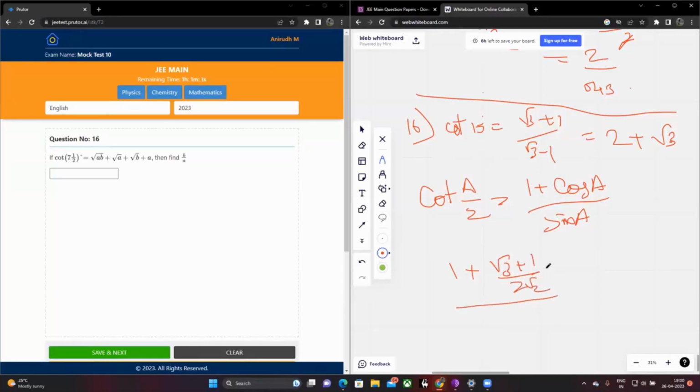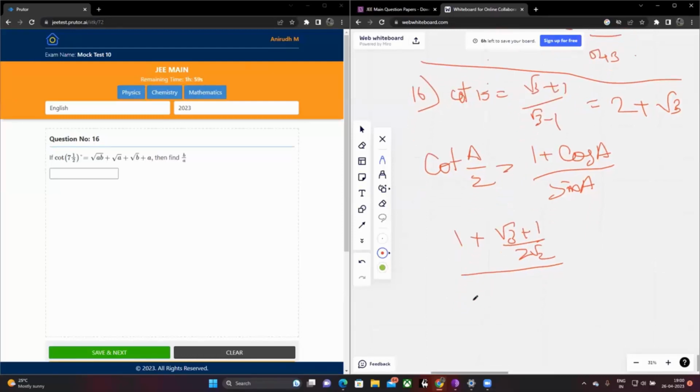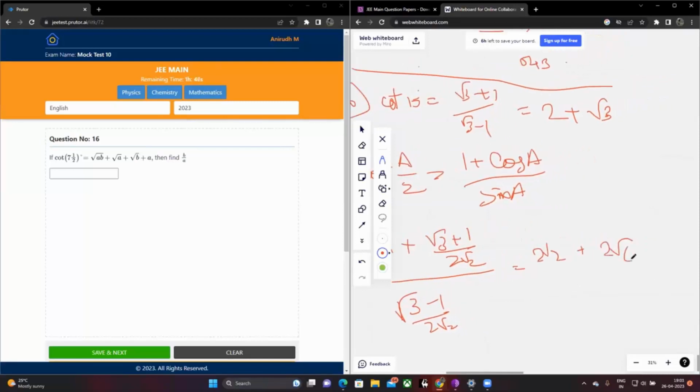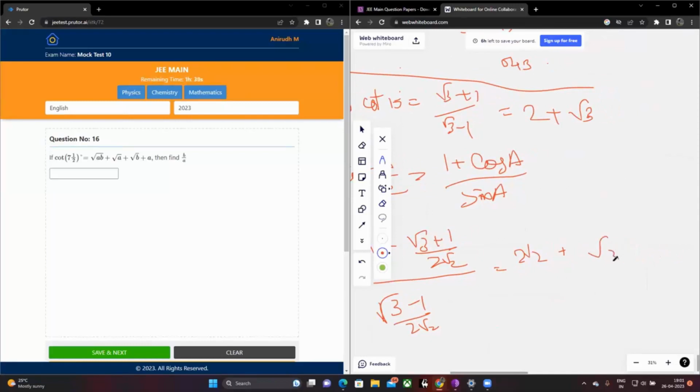So this 1 plus root 3 plus 1 by 2 root 2 divided by this is root 3 minus 1 by 2 root 2, right? This is 2 root 2 plus 2 root 6 plus this basically 2 root 2 plus root 3 plus 1 divided by root 3 minus 1, right?